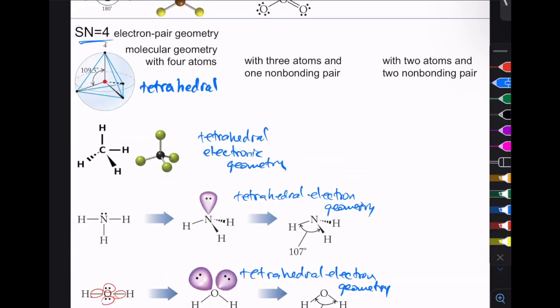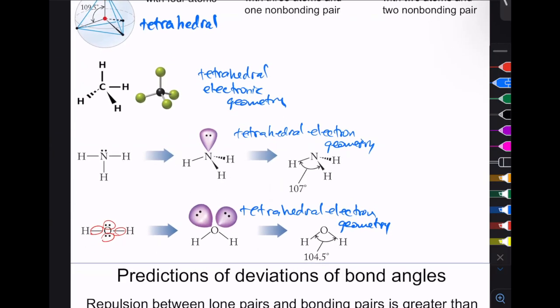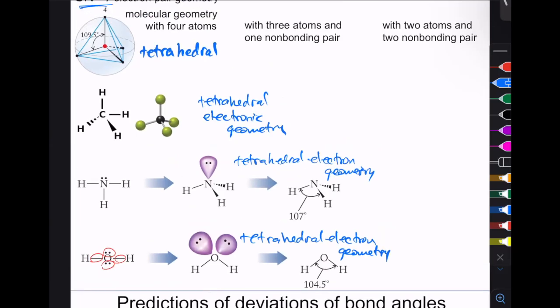And that kind of goes with what I said on the earlier slide. If there's no lone pairs, like what we have in methane, then the electronic geometry is equal to the molecular geometry. Okay? There's no lone pairs. So it's also going to be tetrahedral molecular geometry.